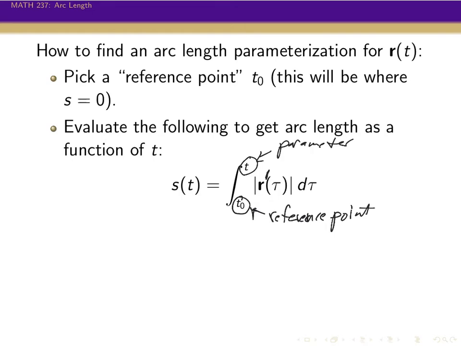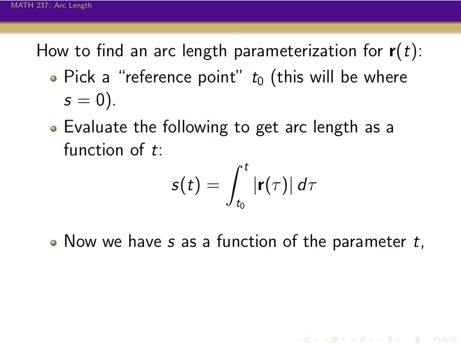To use good mathematical grammar, I've got to use another variable inside the integral. So when we integrate the magnitude of r prime from t naught to t, that's going to give us the arc length of the curve from t naught to t. And if we let this parameter change, that's going to give us a function. So we get s of t here.